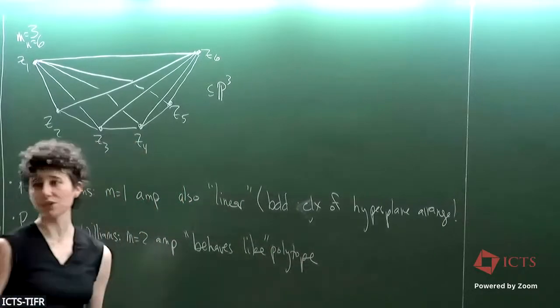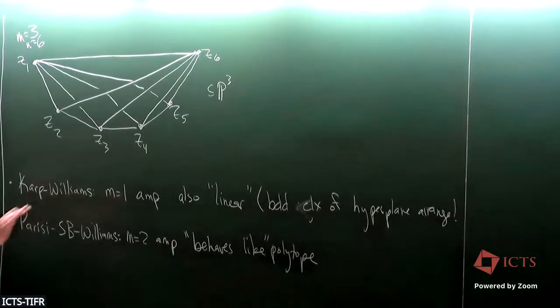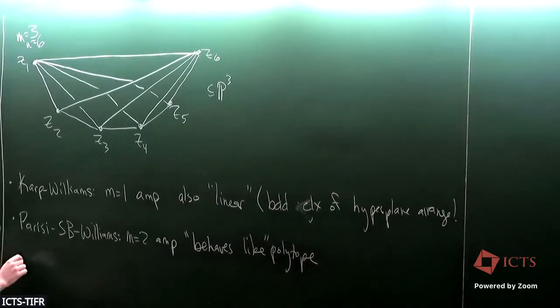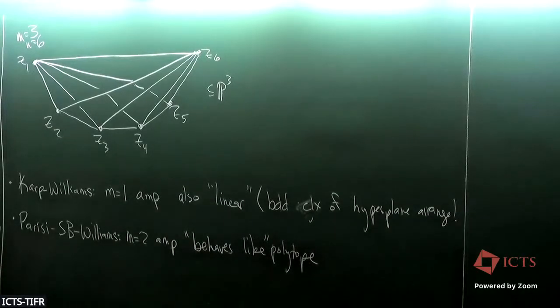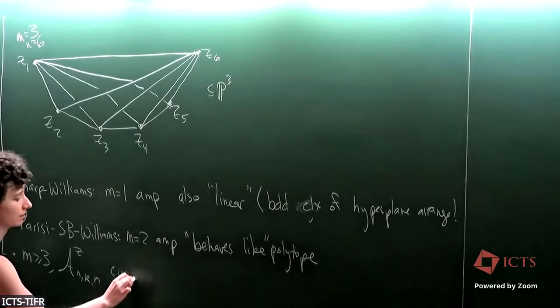Heavy quotes here. I'm not going to tell you what this means. It's just to say, okay, m equals 1 is really nice. M equals 2 gets a little bit more complicated, but still is pretty nice. And then after this, everything is kind of crazy. So m greater than or equal to 3, the Amplituhedron is curvy.